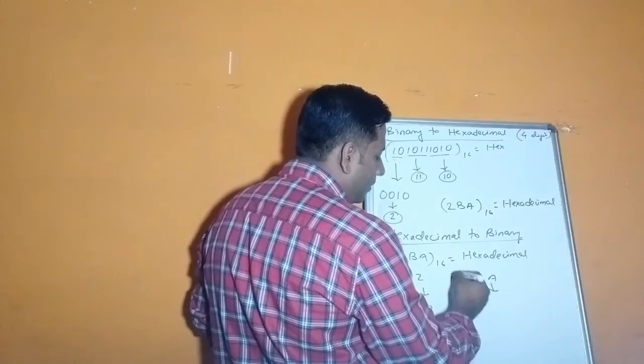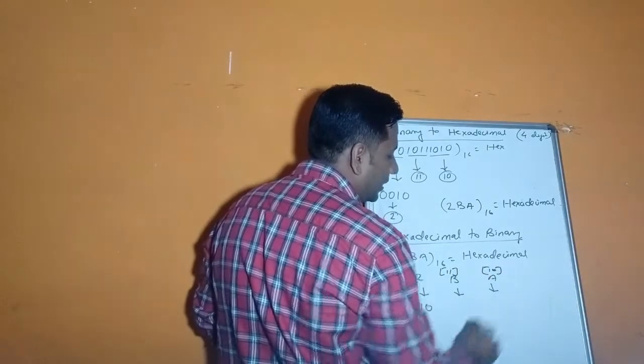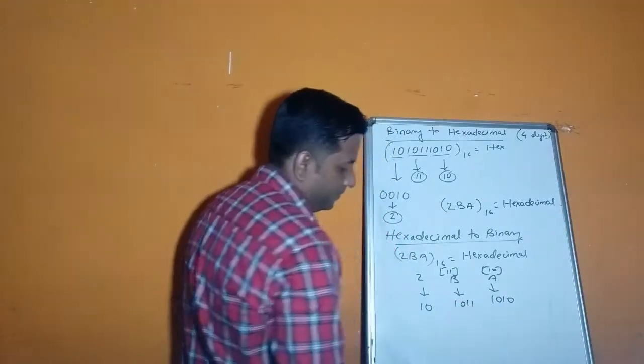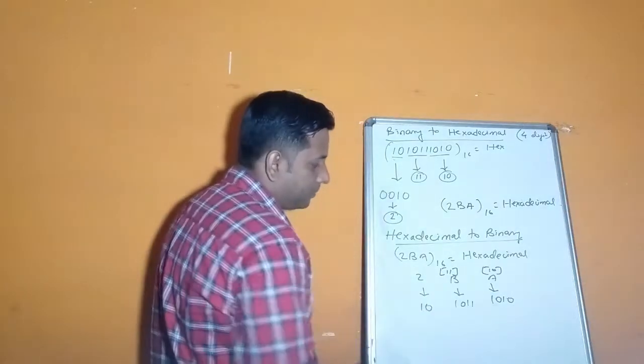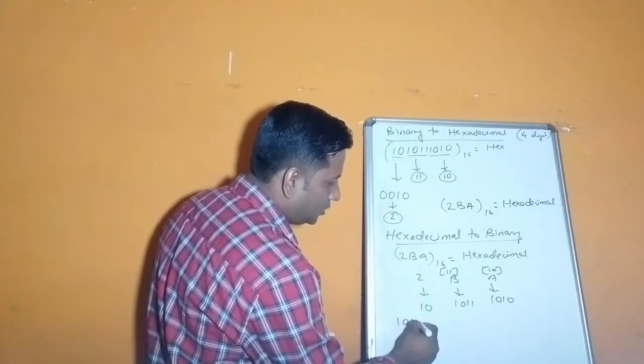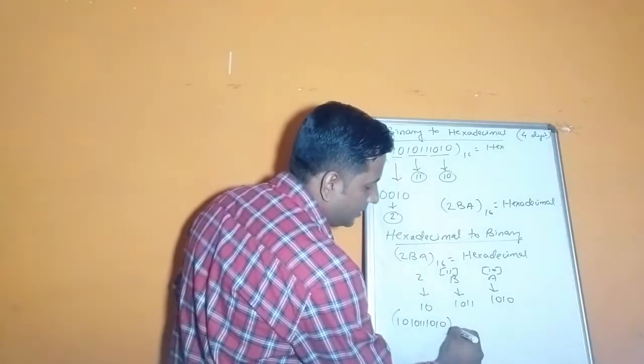B can be considered as 11, this can be considered as 10. So 1 0 1 0, this is 1 0 1 1. If you join together, you will have 1 0 1 0 1 1 1 0 1 0. So this is known as binary.